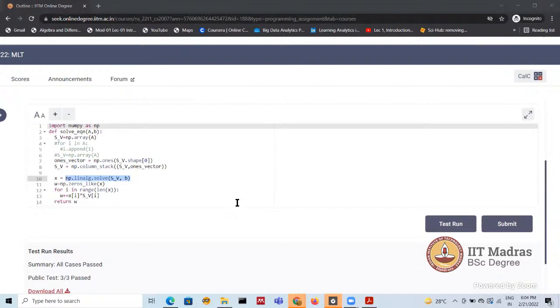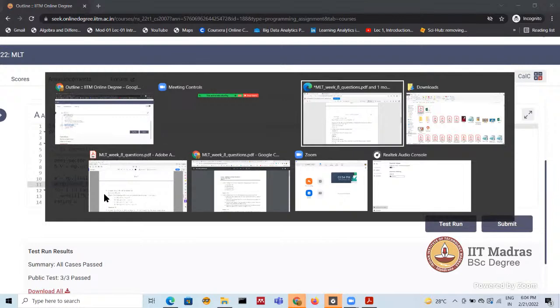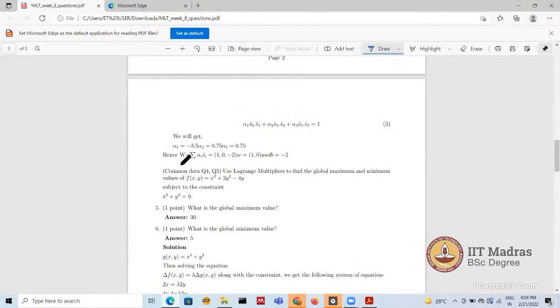Okay, so what we did was, this is the initial part. We want to find the W vector, right? And how do we find the W vector? By taking the dot product of the alphas along with the support vectors, right? If you can relate it with a numerical example, this is what we do.